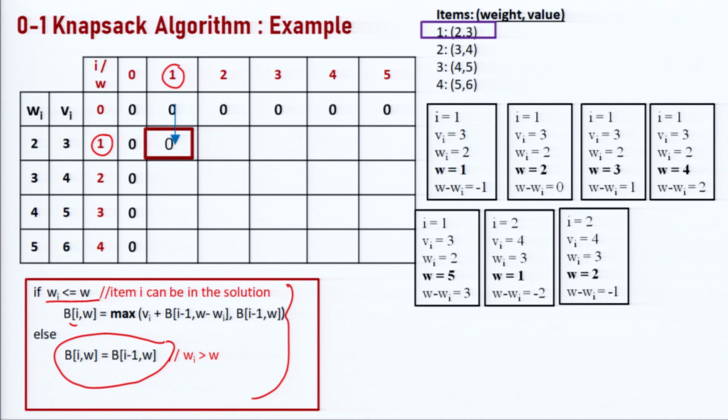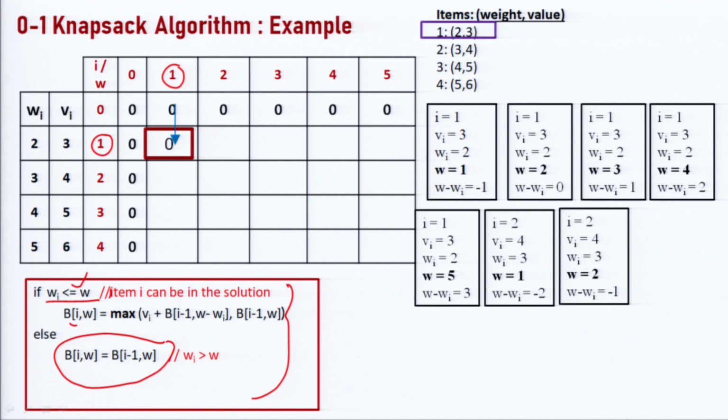Now, if we talk about this block, this is the first item, I is equal to 1, and the value of W is 2. The weight of the first item is 2. So Wi and W are equal, which means the condition is satisfied, and we can put the item of weight 2 in the knapsack of capacity 2.